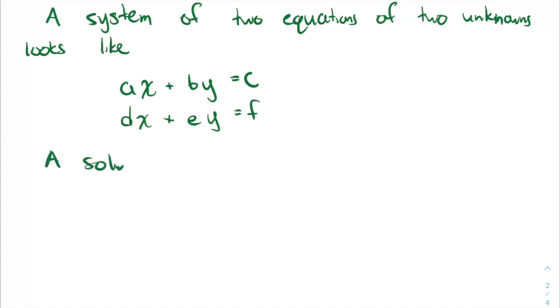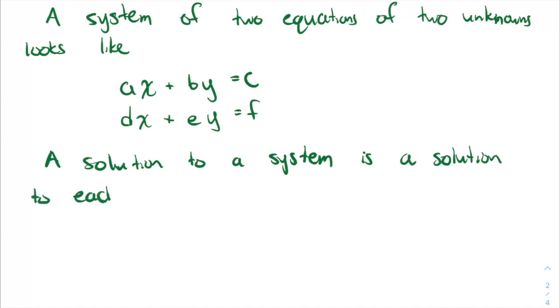A solution to a system is a solution to each equation in the system. We can think of it as the point where the two lines intersect.